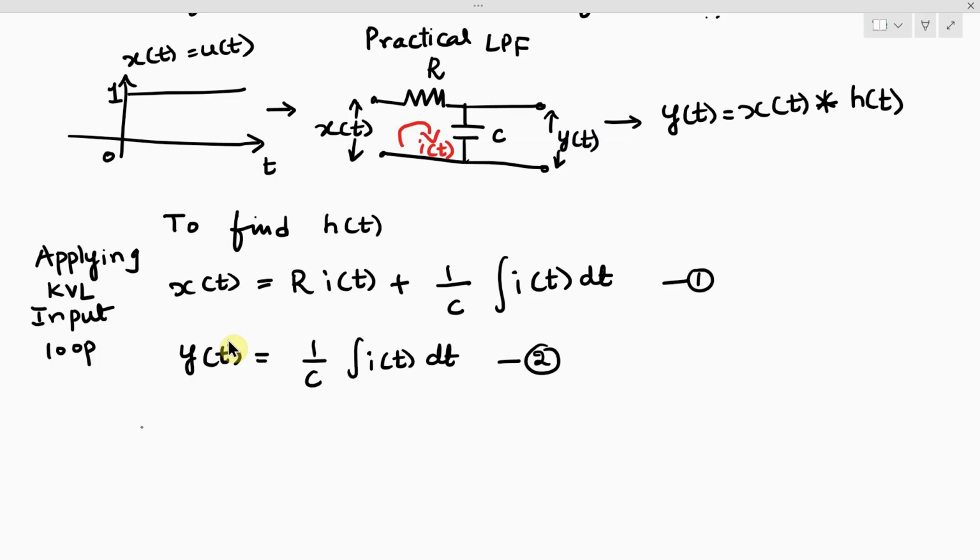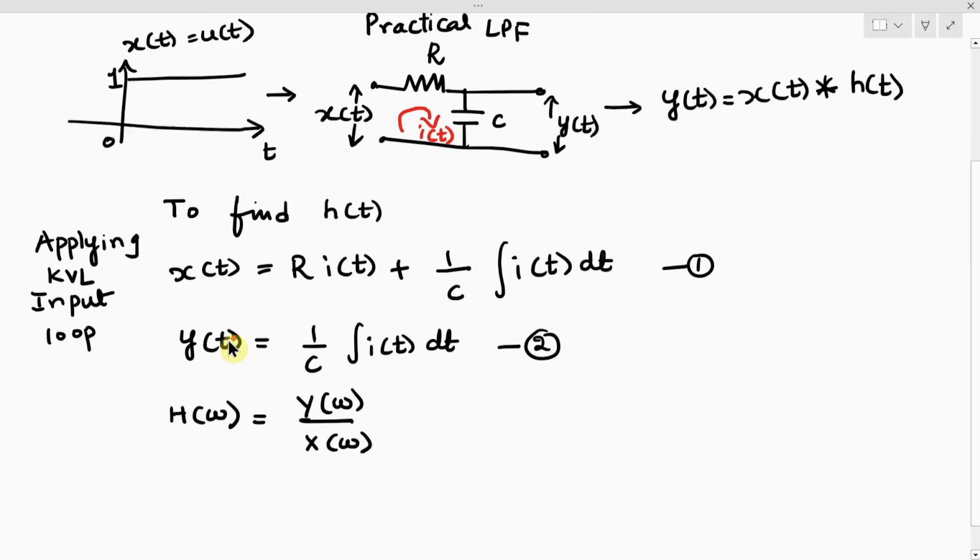Now, to get h of t, I need to find h of omega first. To make the simplification easier, I'm going to find h of omega first. So h of omega, how can I get it? It is the ratio of y of omega by x of omega.